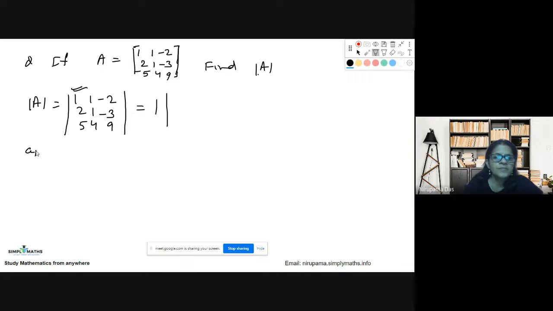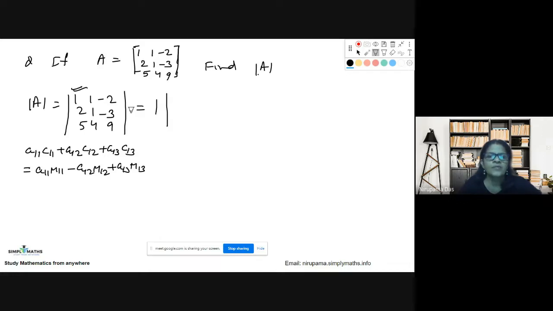This is the background work you have to do: A11 C11 plus A12 C12 plus A13 C13. Because we are taking the first row, these are the elements of the first row and their corresponding cofactors. Or this is equal to A11 M11 minus A12 M12 plus A13 M13.